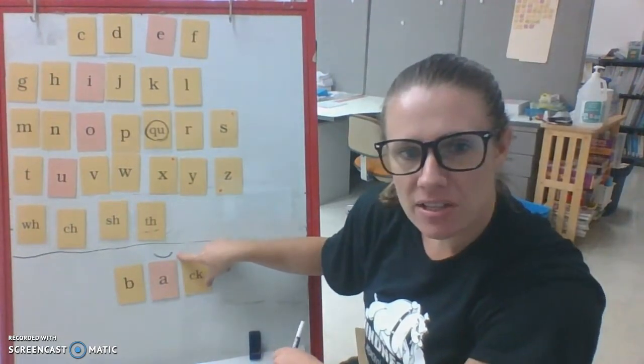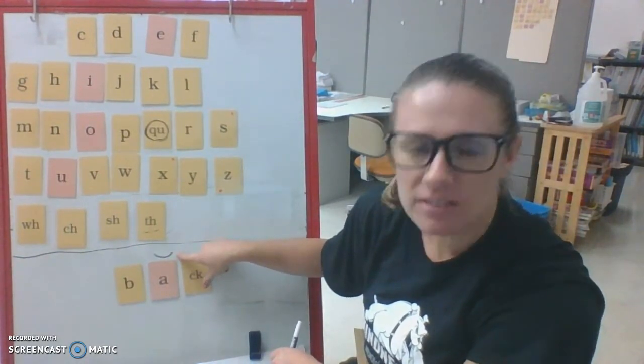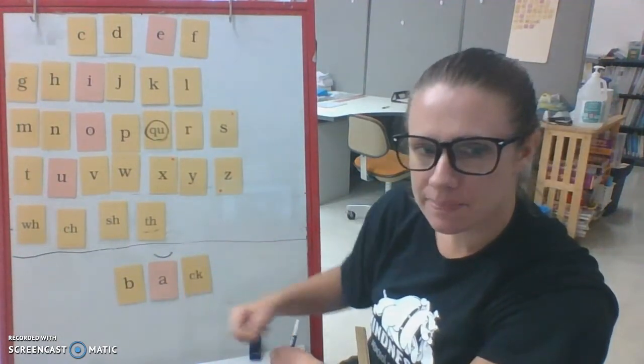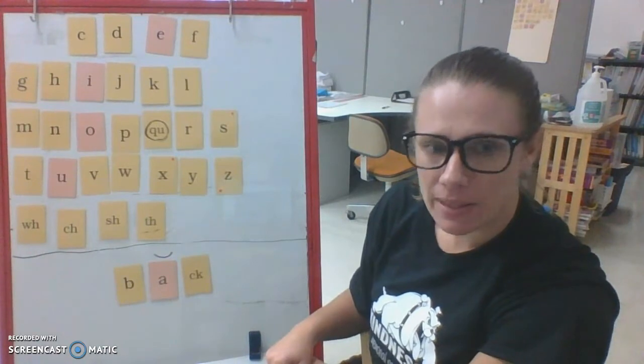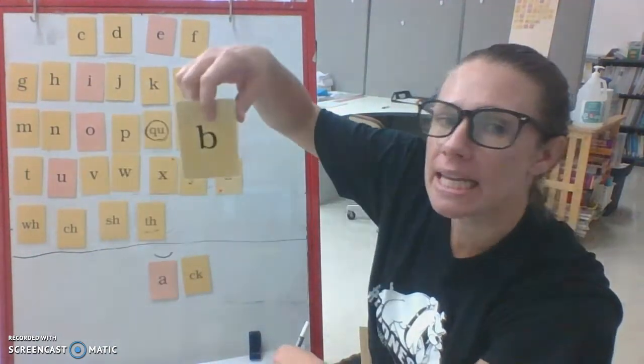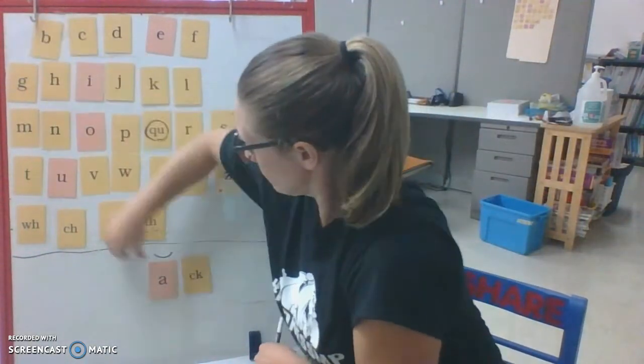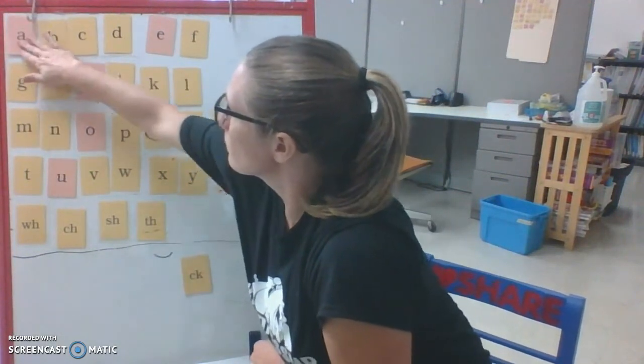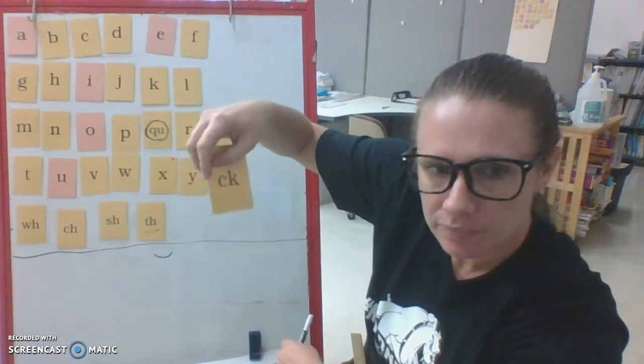Anyone remember what this is called? A breve. Why do I put it there? To show that it's a short A sound. Great job. Let's spell it away. B, A, C, K.